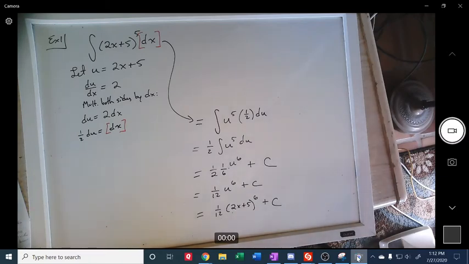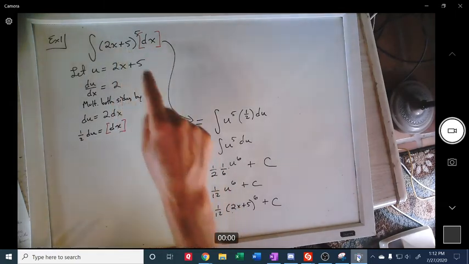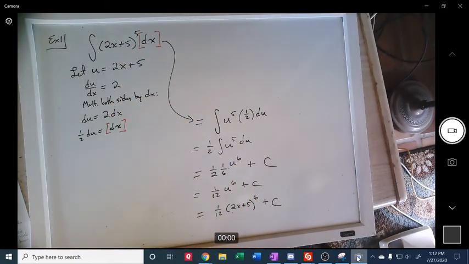Now when I did it before, I didn't have the right answer, because I didn't account for the chain rule, that we got an extra 2. When I do it now, I can check my work.